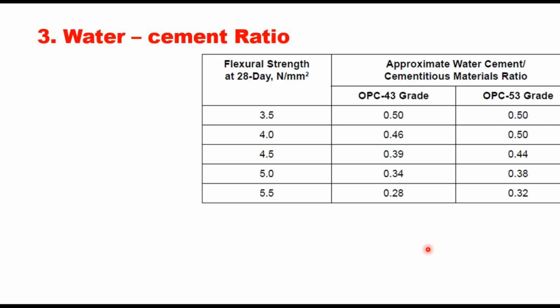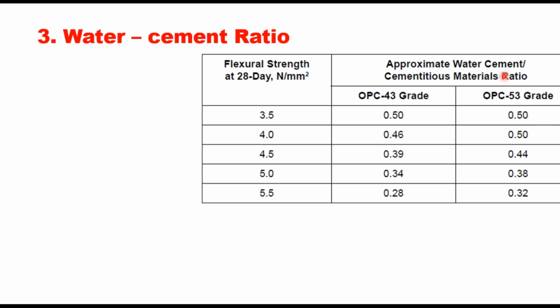Then comes the water cement ratio. Truly speaking, water cement ratio depends upon type of cementitious material, maximum size of aggregate, type of aggregate, grading of aggregate, and many other such factors. And therefore, it is always desired that a relationship be established between strength and free water cement ratio for the material to be used.